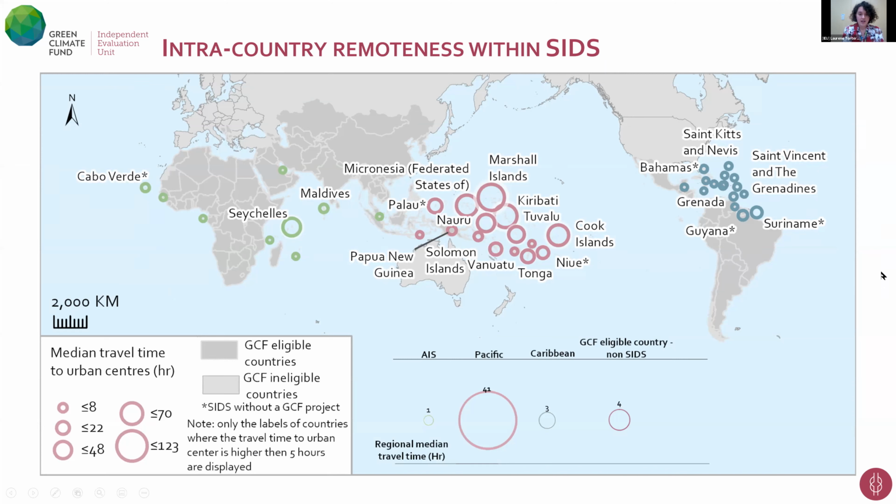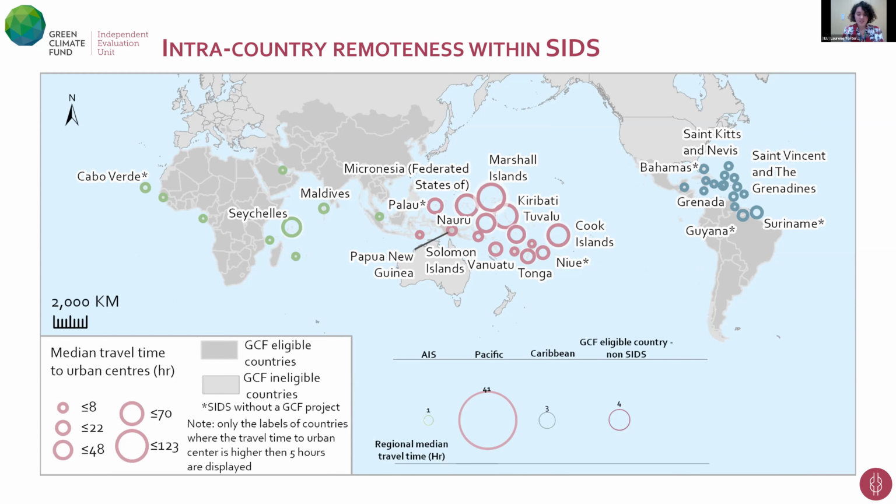In the case of Marshall Islands, it's one of the countries with the longest median travel time to the most accessible urban center. What does this duration imply? As in the case of Marshall Islands, if GCF were to fund a project in the country, there will be implications to the transportation cost, especially if the project were to focus on a remote island away from the capital or an urban center.